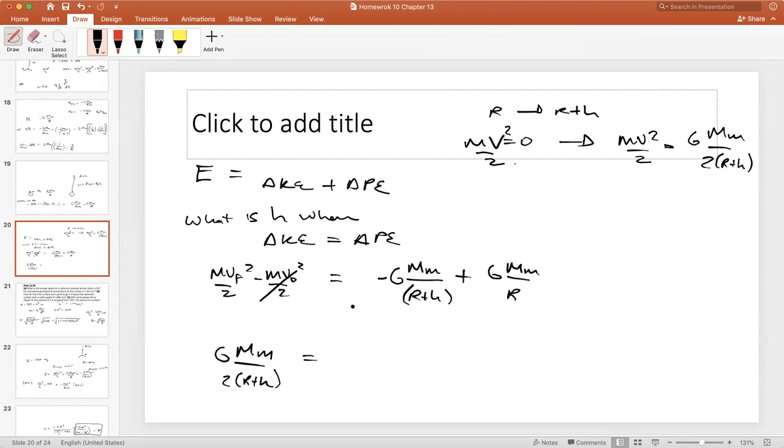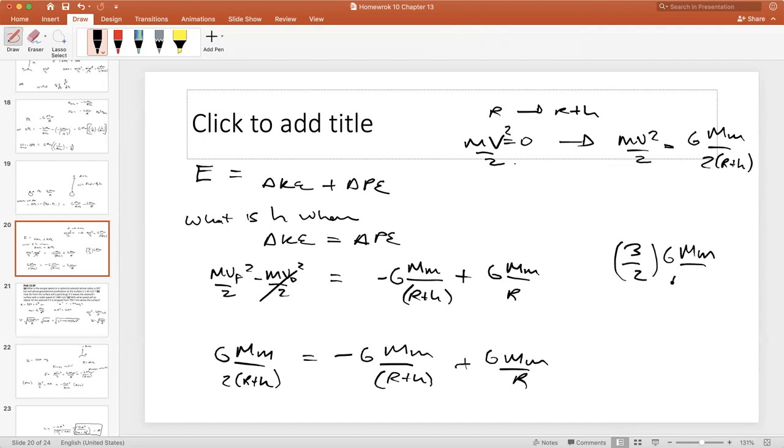So GMm over 2 times R plus H is equal to minus GMm over R plus H plus GMm over R. And now let's move this over, and we see that we get 1/2 plus 1. So we get 3/2 GMm over R plus H is equal to GMm over R.